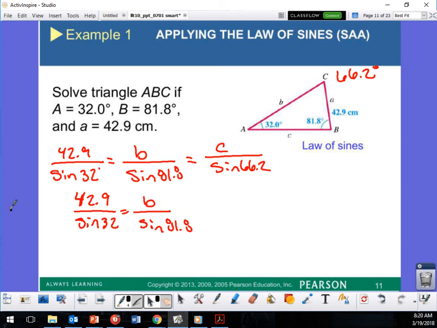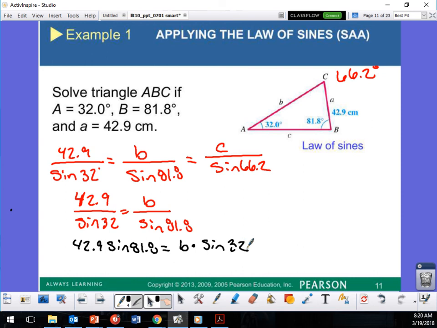Doing the cross products, I multiply this way, so it's going to be 42.9 times the sine of 81.8 is equal to b times the sine of 32.